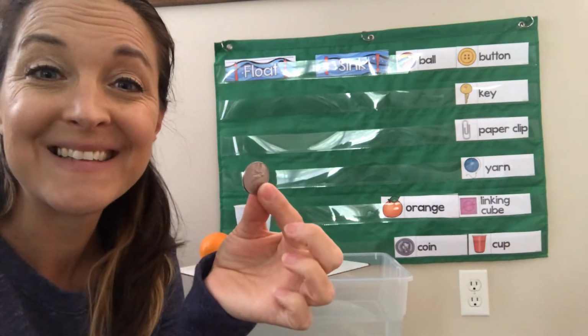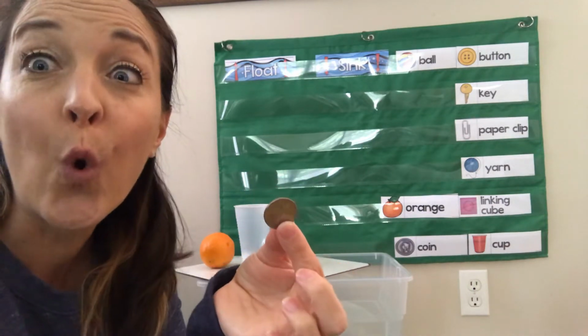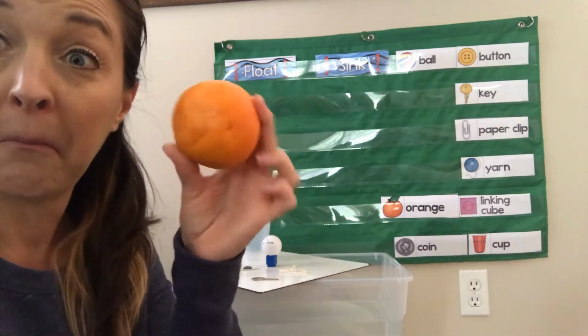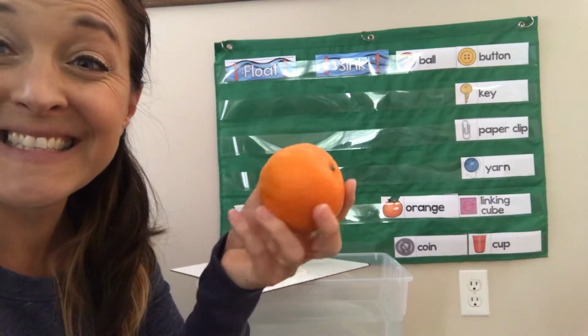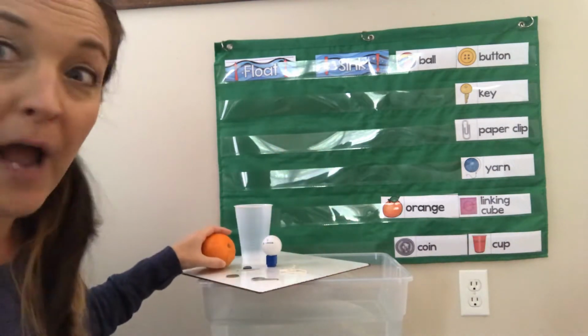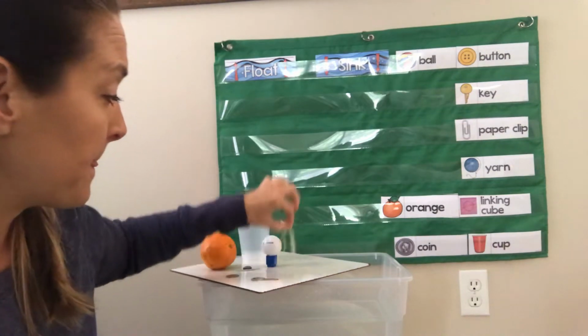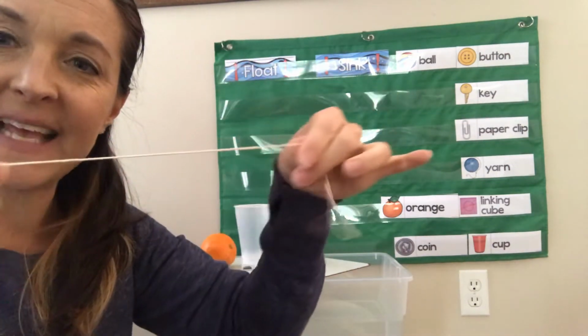What's this one? That's right, it's a coin or quarter. It's an orange. Good job. I wonder what the orange is gonna do. What is this?